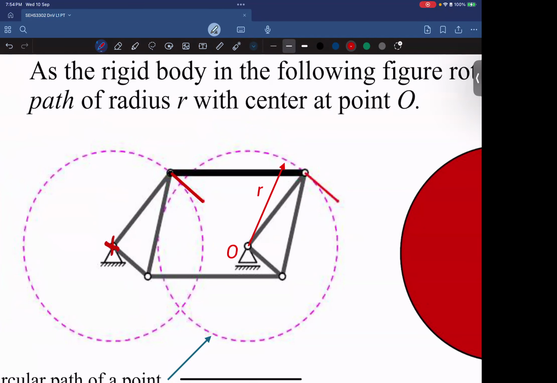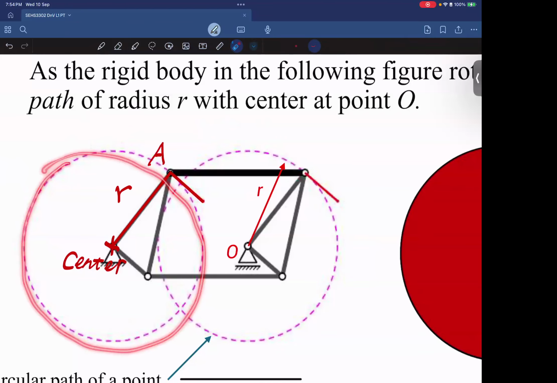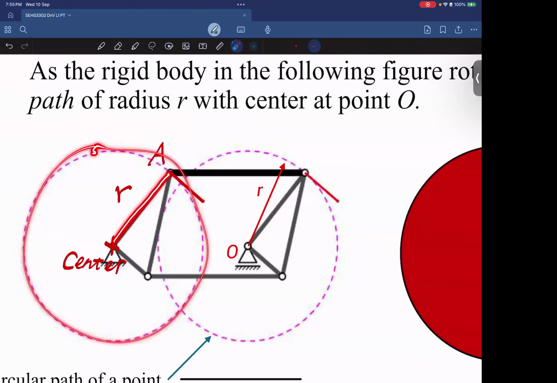Here is the center of rotation, the rotating center. We take this point as point A. We link up point A and the center, so from the center to A, we draw a segment. This segment is the radius of this circular path. The circular path is here, and this red one is the radius of such a circular path.